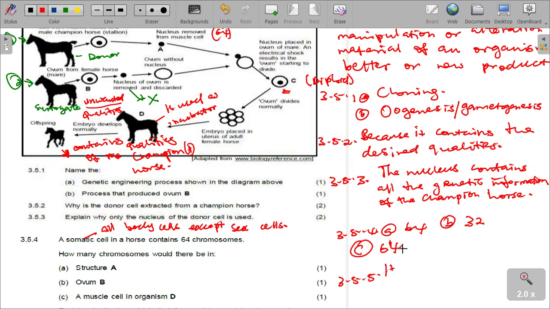It is a diploid cell, of which a gamete must be haploid.